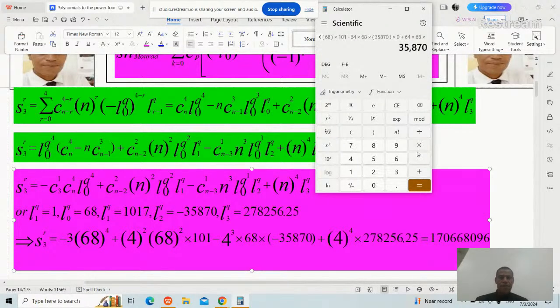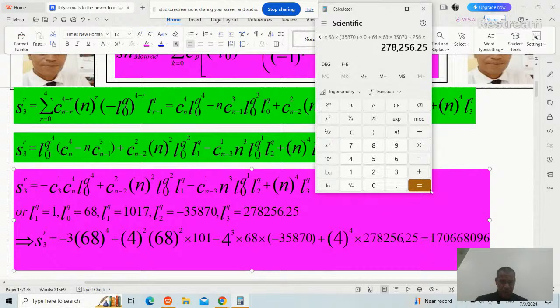Plus 4 raised to the power 4, plus 256 times 278,000, 256 point 25.